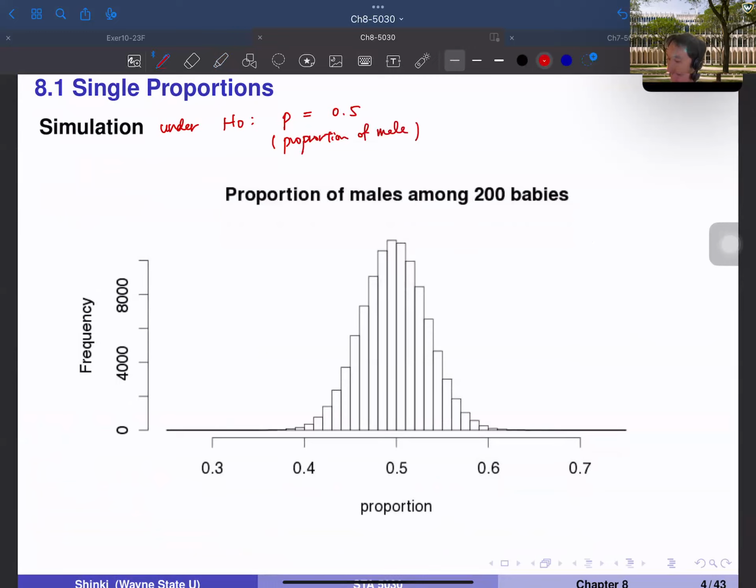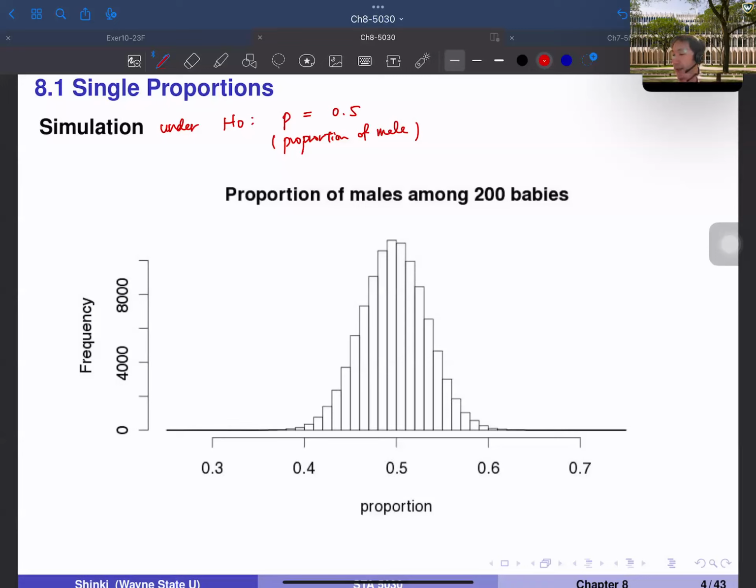Suppose a random number becomes 1 with probability 50%, then we generate 200 such numbers, count how many of them are 1s, and get one realization out of 200 observations. We repeat that 100,000 times. Then this is the result.